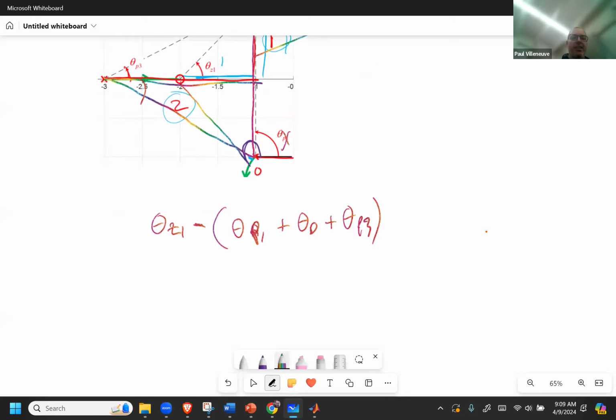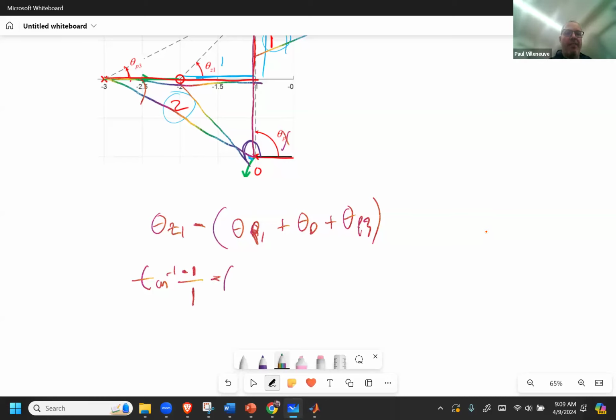So our theta Z1, we can find that by taking the inverse tangent. We have to go over to the right 1 and down 1. So that is 1 over minus 1, right? Wait a minute, it's the opposite over the adjacent. So it's actually minus 1 over 1 because we go to the right 1 and down 1.